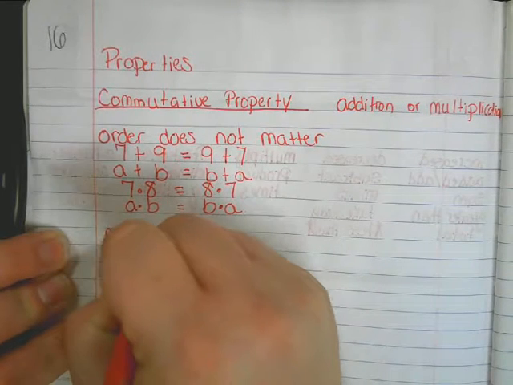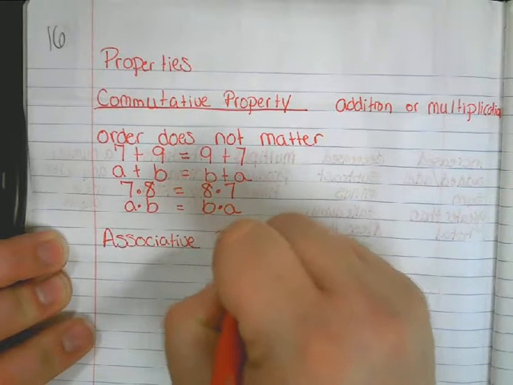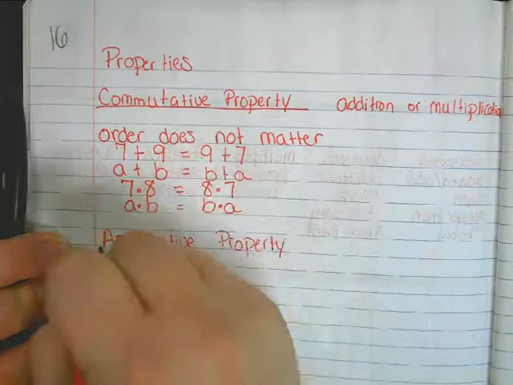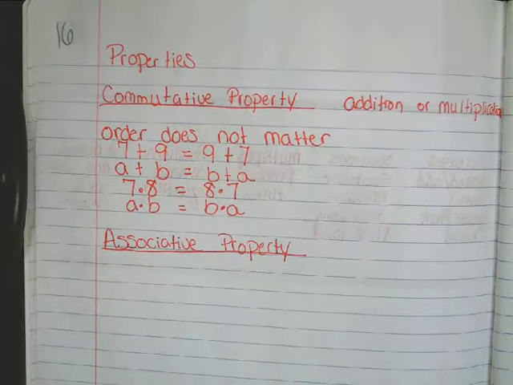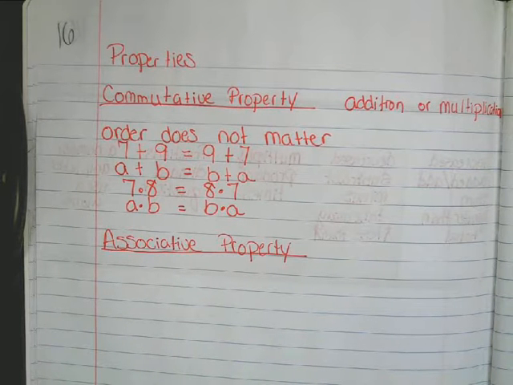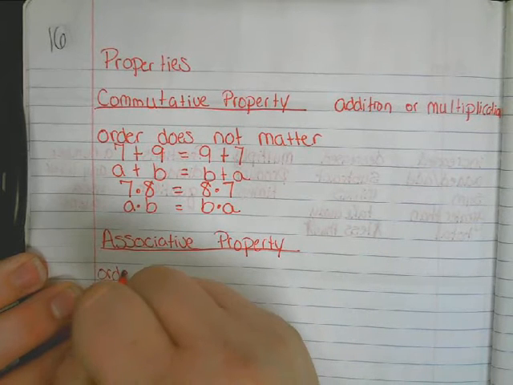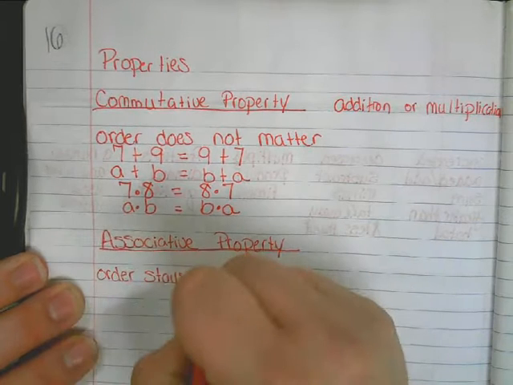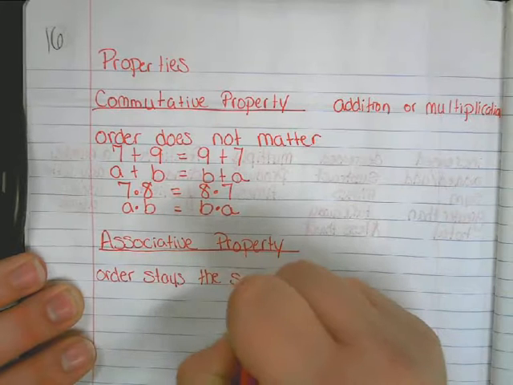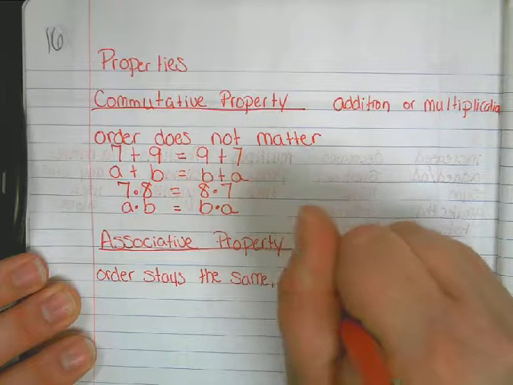So your associative property, order stays the same, the grouping changes, and you'll see what I mean here in a minute.